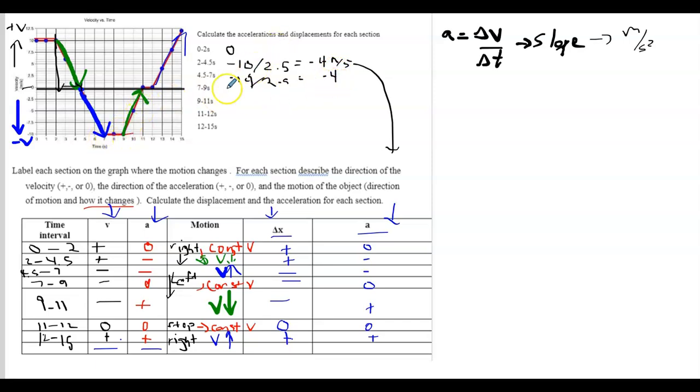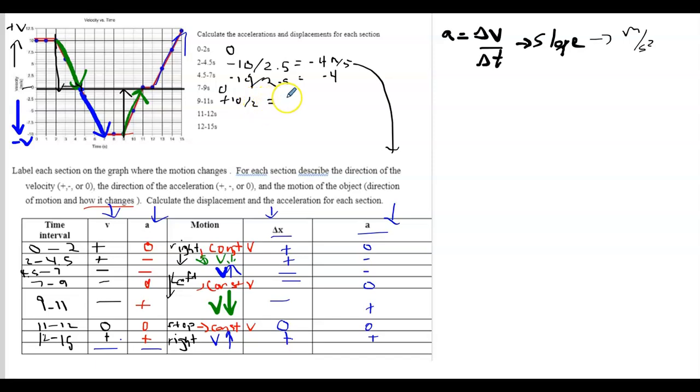From 7 to 9, it's a horizontal line, so that's 0. 9 to 11, it goes up 10. Whoa, that's really far off. Fix that. So it's starting at negative 10 and it goes to 0, so that'd be a gain of 10, so that's plus 10. And it takes 2 seconds for that to occur, because from 9 to 11 seconds is 2.